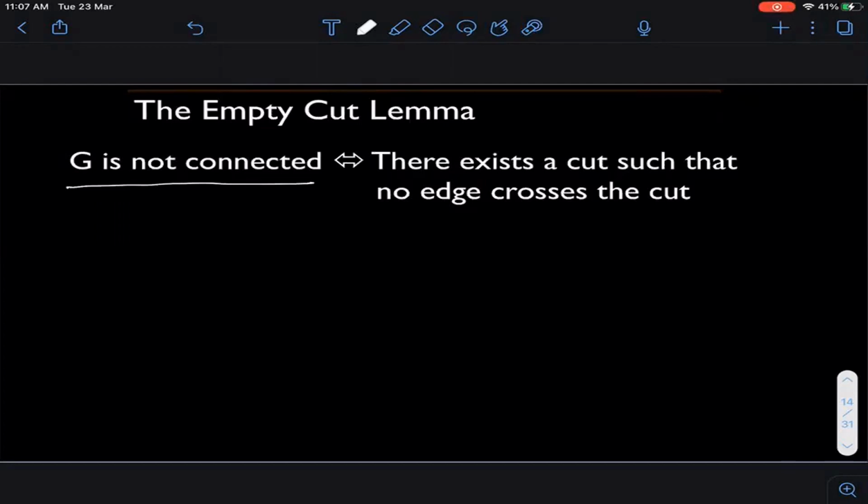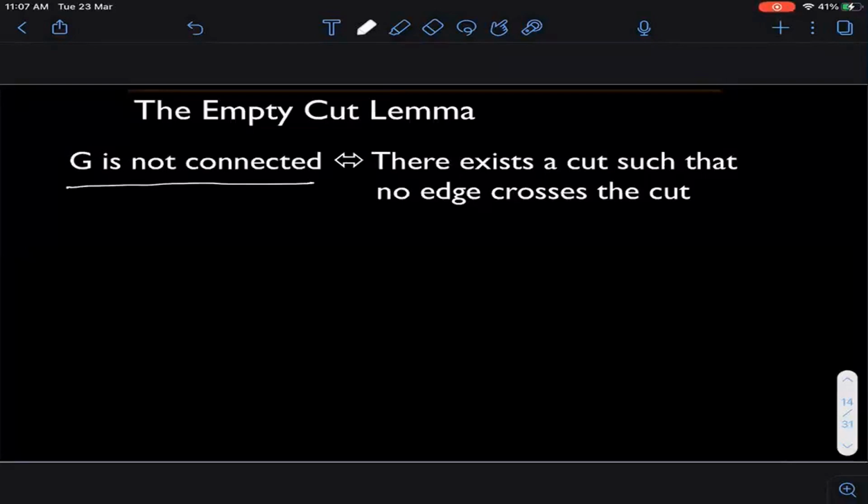What is this lemma saying? It is saying that if I have a graph G, then it is not connected if and only if I can produce a cut such that there are no edges crossing that cut. We want to verify or prove that this is actually correct.